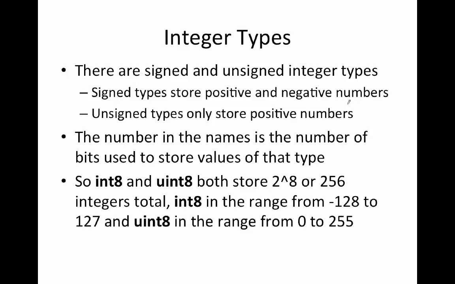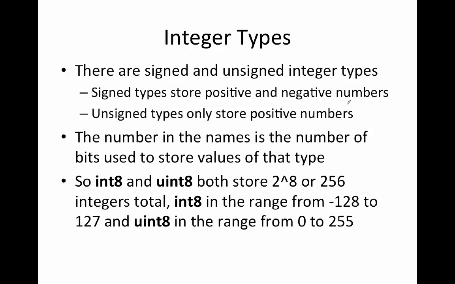So for example, the type name int8 and also the type name uint8, the 8 in there says the number of bits that are used to store values of that type. So both of these types store 2 to the 8th, or in other words 256 different integers total. Int8, since it stores signed types, stores values in the range from negative 128 to positive 127.